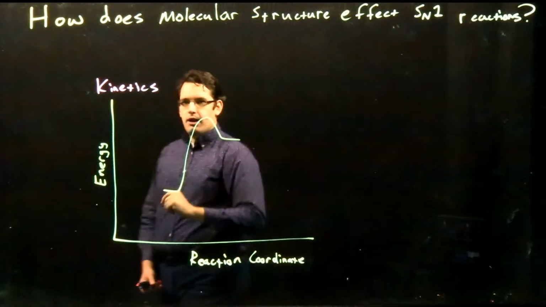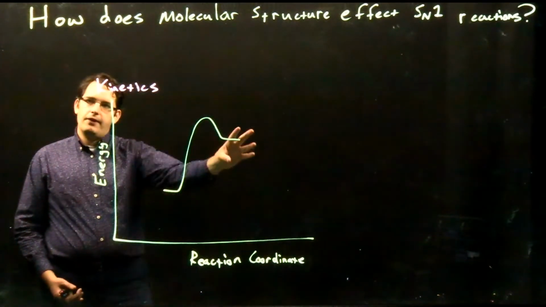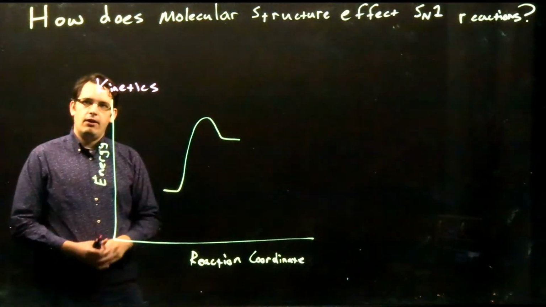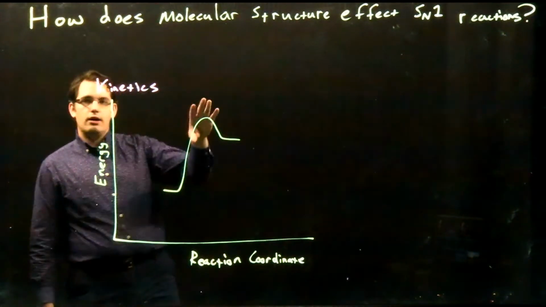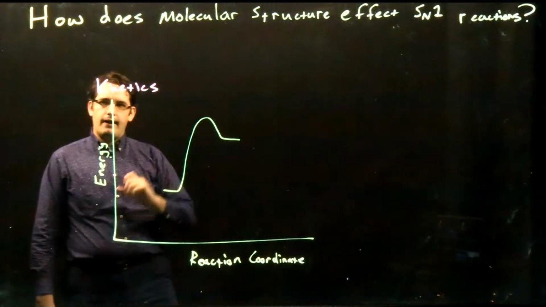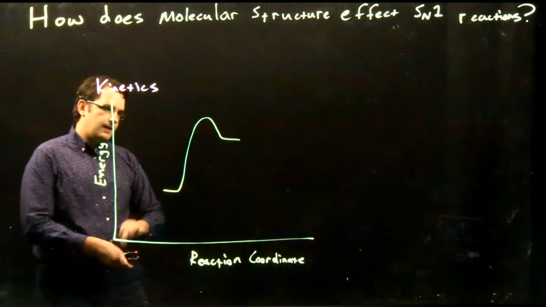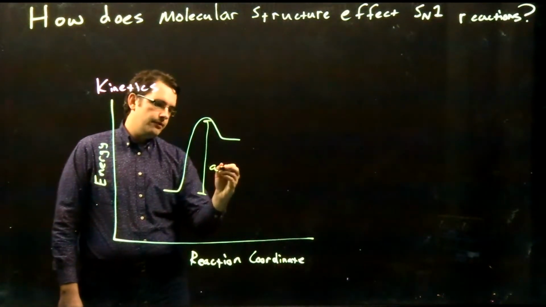So we'll start from one molecule at one energy level, and we're producing a product molecule at the end of our graph. And in between, we have this hill that represents our activation energy barrier. Right? And the larger the hill is that you have to climb up, the slower your reaction is. And the smaller that hill is, the faster your reaction is. So it's the size of this activation energy barrier that determines the rate of the reaction.